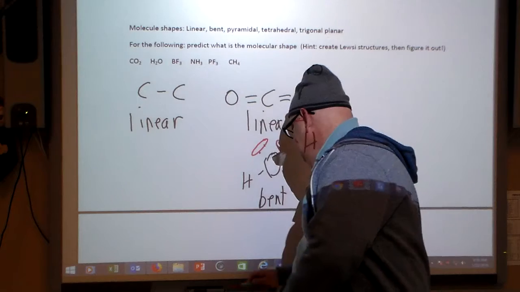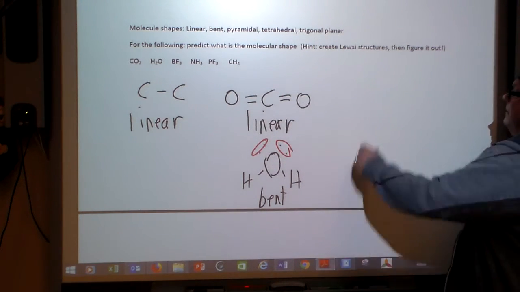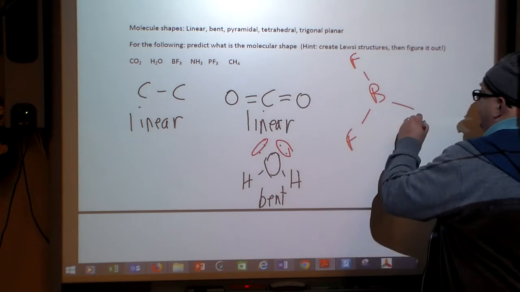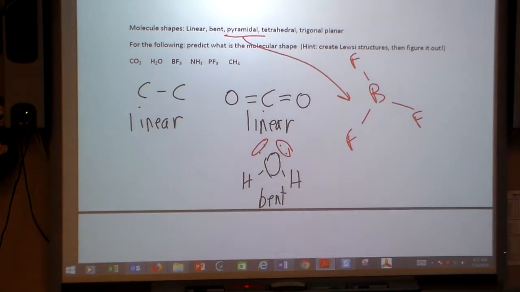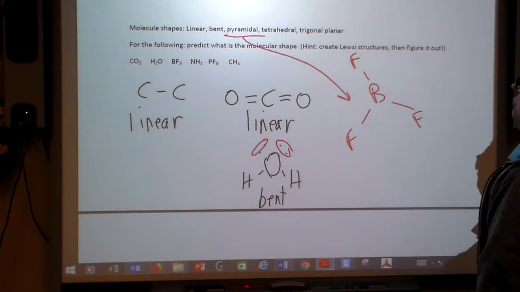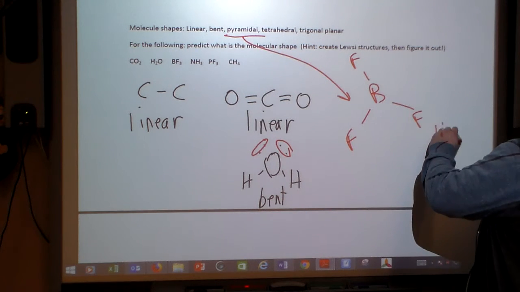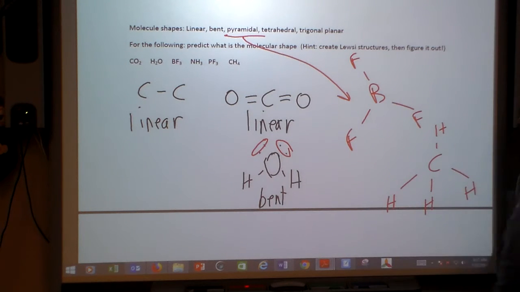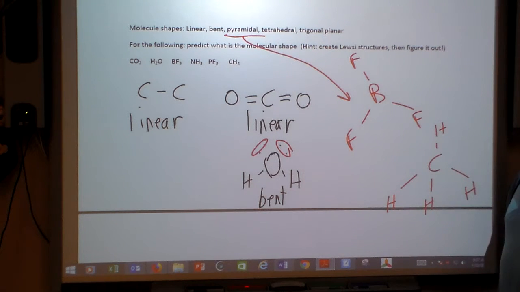That's what's happening, and that's why we're seeing that. What about tetrahedral? Tetrahedral, you have something on the four corners. You have an atom that's attached to the four corners like CH4. That's tetrahedral, ladies and gentlemen.